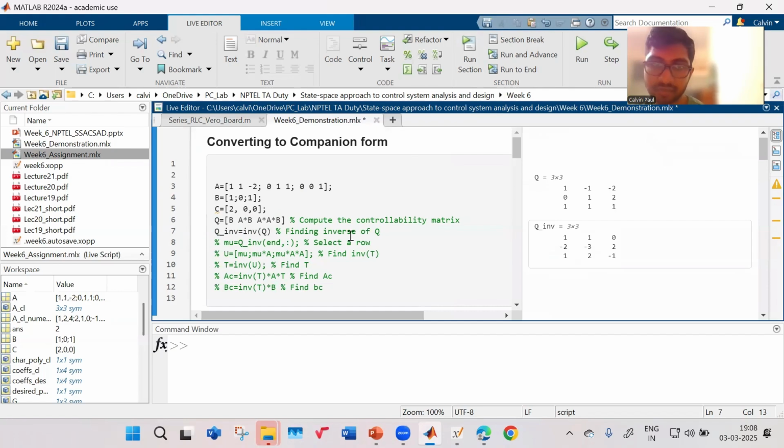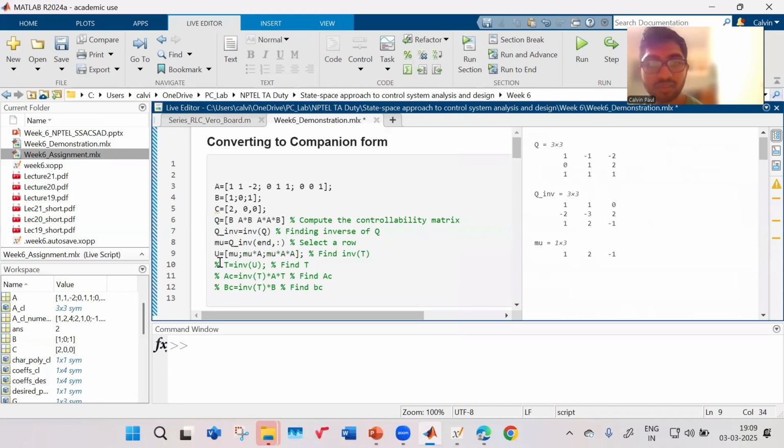Then you have to select one row. Usually we select the last row. So we select this last row. That means your mu in that case will be this 1, 2, minus 1. Then you have to find a matrix which is mu into A, mu into A into A. That is even more difficult.